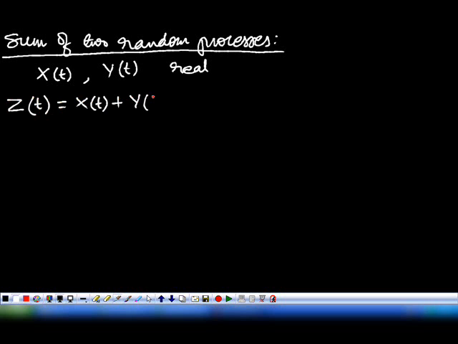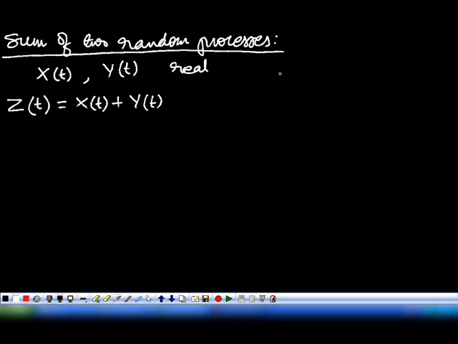So now we take up the sum of two random processes. Let x of t and y of t be two real random processes. Then we can define a new random process z of t equivalent to x of t plus y of t.